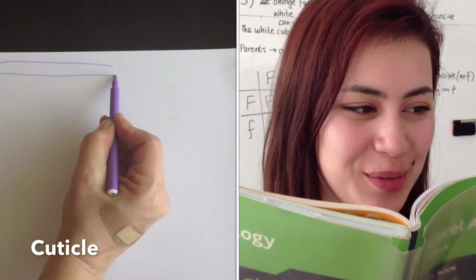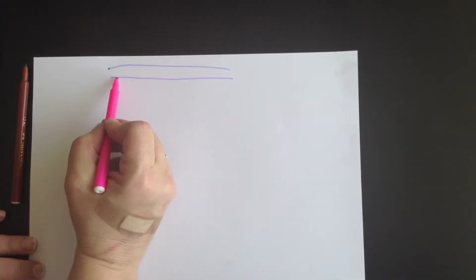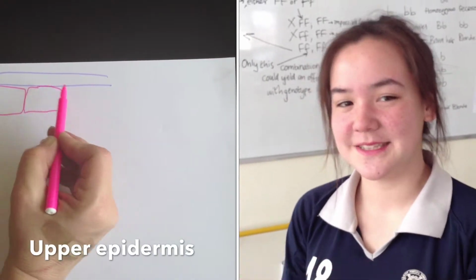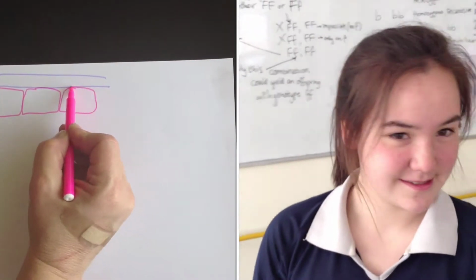Next thing you need to know is about the cross-section of a leaf. You need to know the different layers, their names, and you need to know how they're adapted for photosynthesis. The cuticle prevents water loss from the top of the leaf. The upper epidermis contains no chloroplasts.